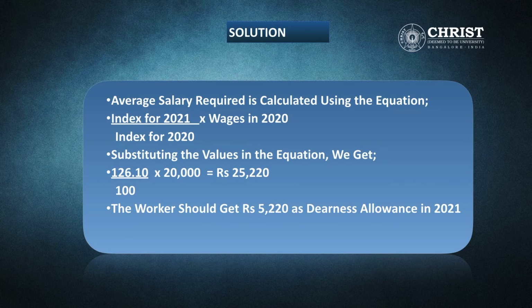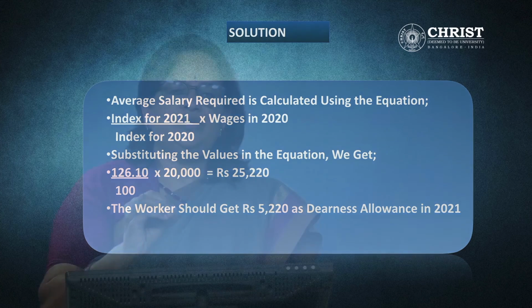But here the dearness allowance increase is asked. So 20,000 is what he was getting in the base year, and now it is 25,220. The answer is 25,220 minus 20,000, that is rupees 5,220 he should get as dearness allowance in 2021 to maintain the same standard of living.